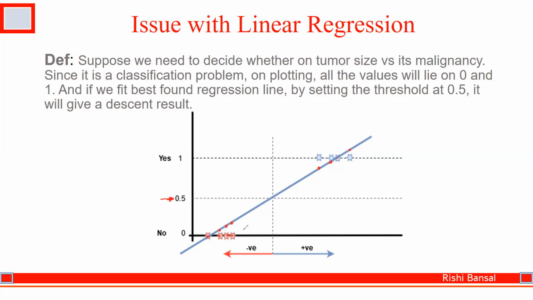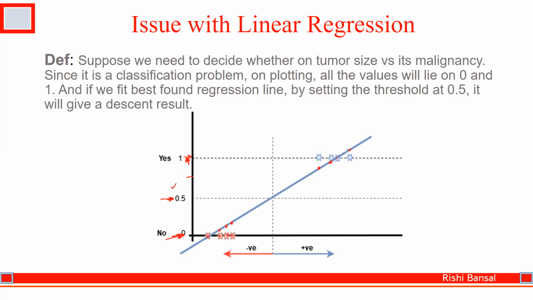Suppose a person has a 0.4 probability of getting the disease, so we categorize him as no disease. If it is 75%, he has the disease, so we categorize him as yes, 1. So this is the role of probability here. It is a probability based thing.